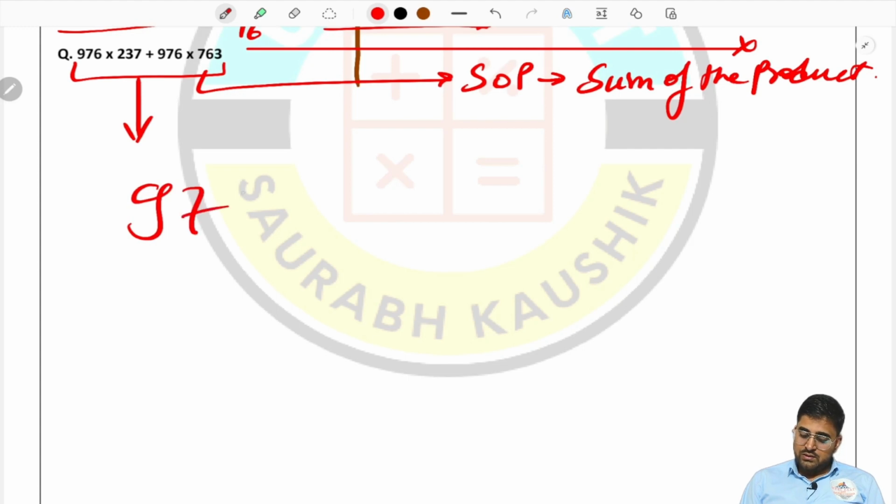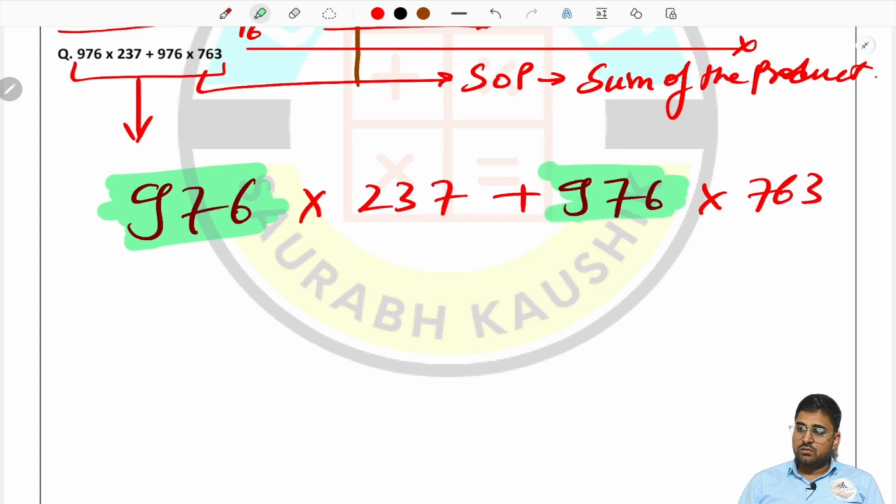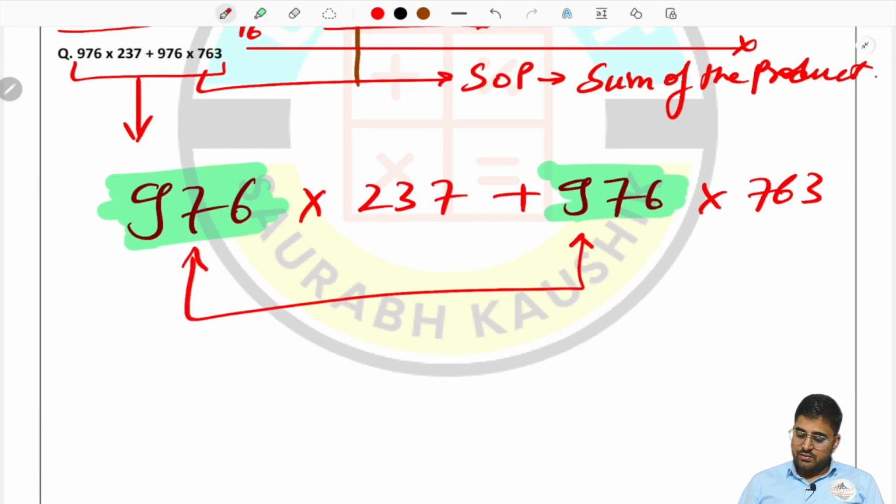When I saw this question, the first thing that came to my mind is, okay, there is a common number in the equation. That common number is this only. Wait for a minute. Is everything good? Yes, everything is good. So we have a static part, a commonality. This is a commonality. And that's a different thing. No issues.